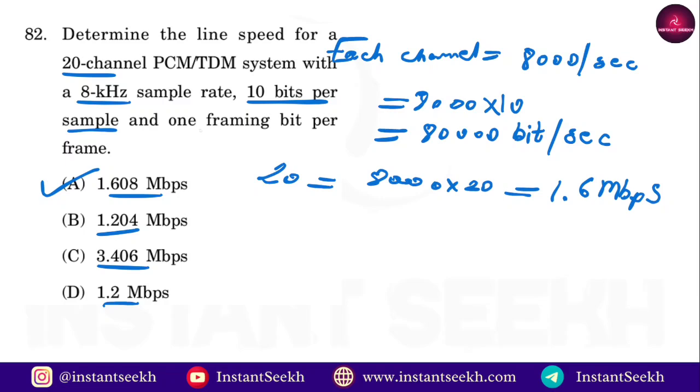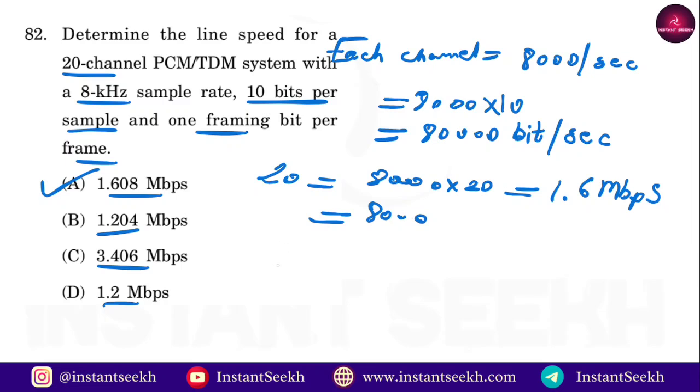We have to add the framing bit, one framing bit per frame. One framing bit per frame means we have a total of 8,000 framing bits.